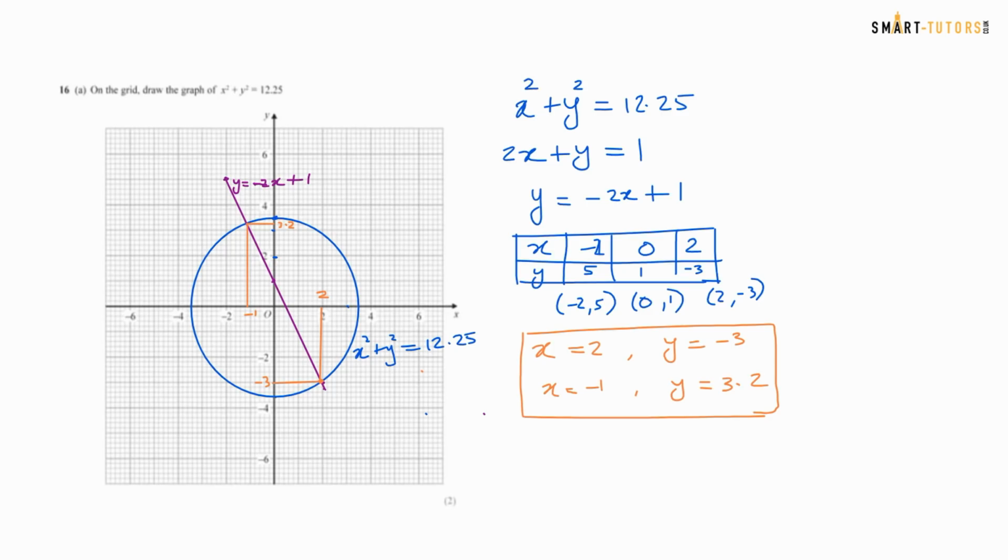So x equals minus 1 and y equals 3.2. That is the solution. This is very easy, and it's not an accurate answer, it's an estimate. But if you use the algebra method, you will spend the next 10 minutes working on x and y. That is more than enough for question number 16.